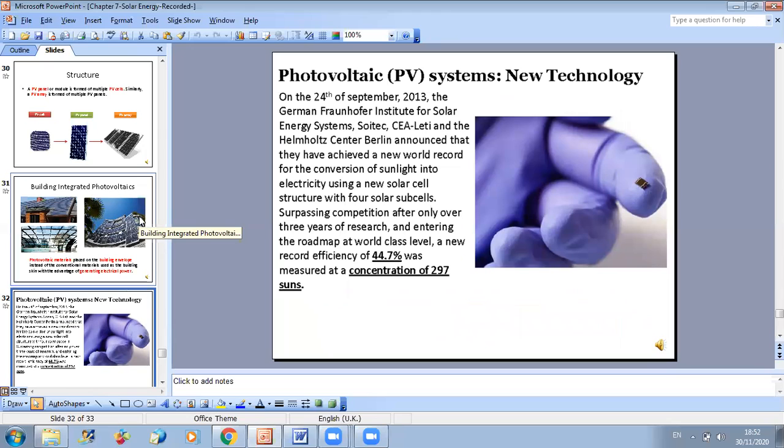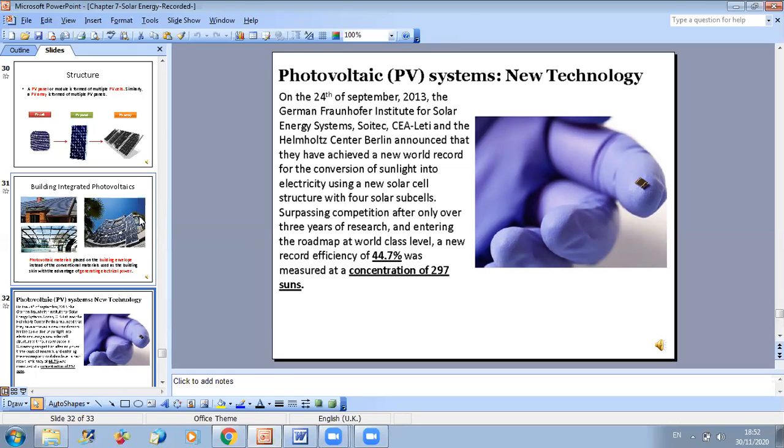Now, as we said, photovoltaic cells are very important, and they are advancing a lot with time. For example, on the 24th of September 2013, we have a new invention consisting of converting sunlight into electricity using a new solar cell structure with 4 solar subcells. This structure will help in concentrating solar energy and increasing the amount absorbed.